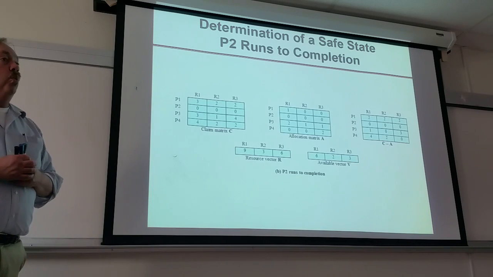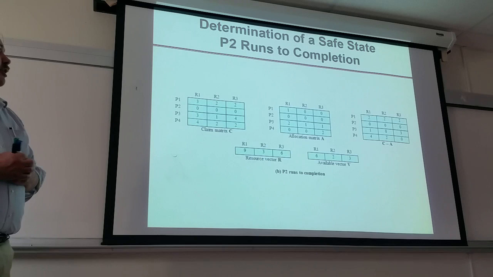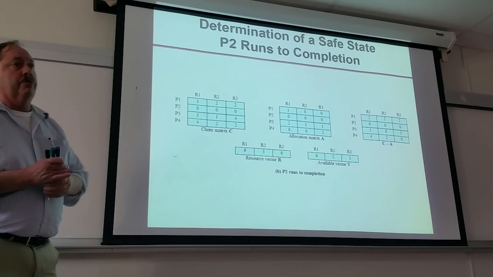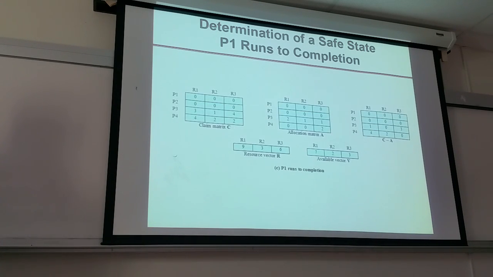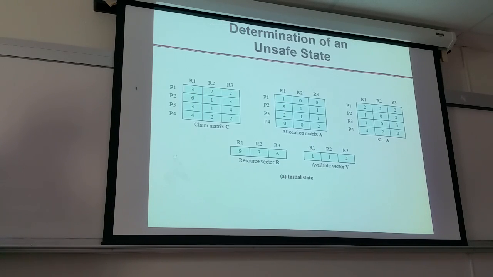So even though I found one that I can release, catch and release or whatever, that's not the end of the safety algorithm. It's got to run through all the processes in this collection, in this set. And it turns out in this case, we have at least one path where all can run to completion.